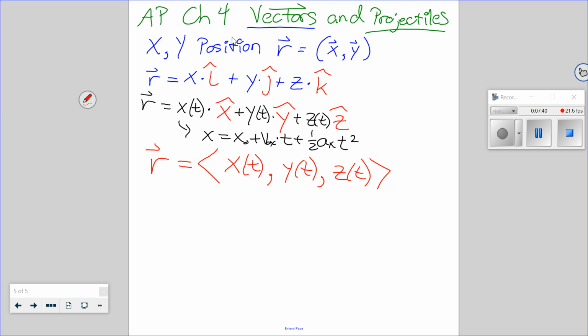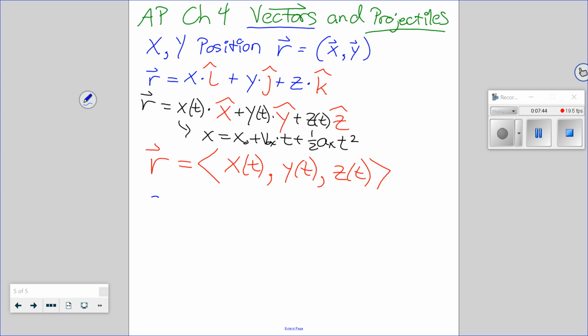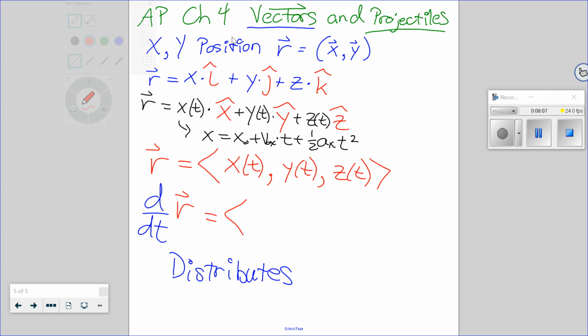So then, if you write d dt, we take a derivative, it distributes. So it distributes into each category. We'll drop our silly t's.